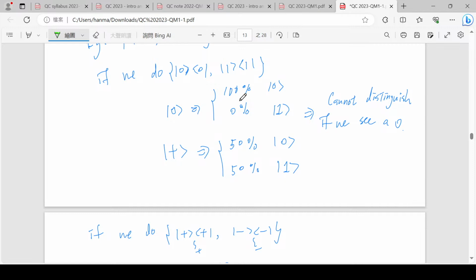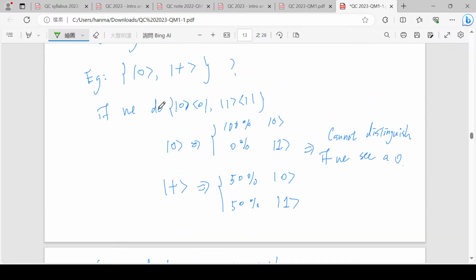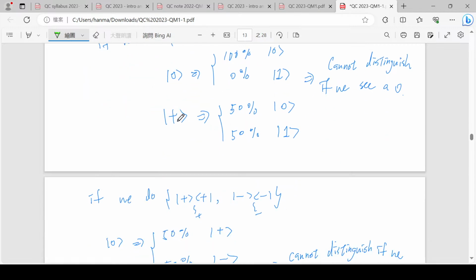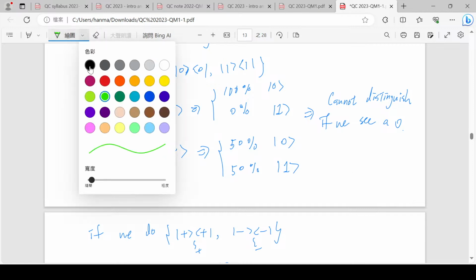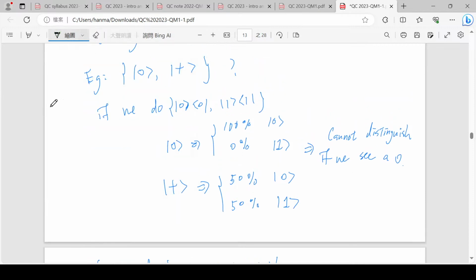But if you just have one copy of them, okay. So here we should say something. Recall the state collapses after measurement.